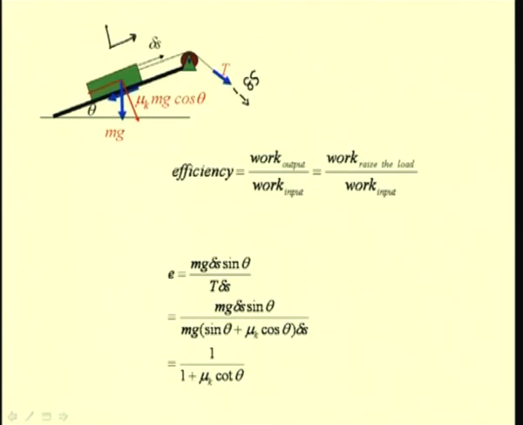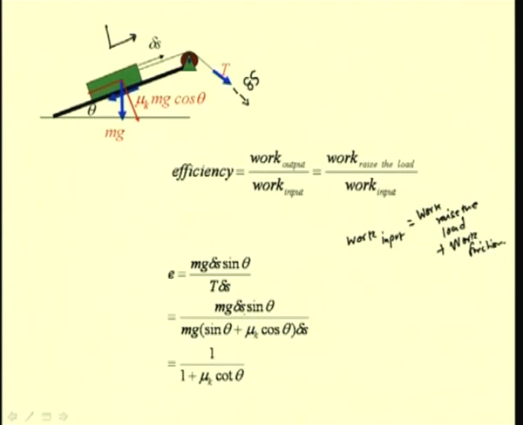So, what are we doing? We are writing work input as the work done to raise the load plus the work of friction.